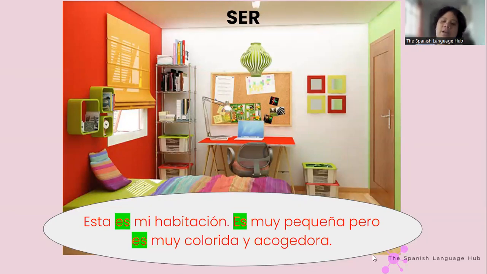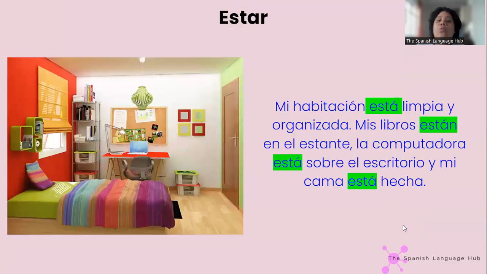And because of that, I'm using ser. Now with estar, I'm just describing or talking about the state of the room at the moment I took the picture or at the moment I'm speaking, right? Mi habitación está limpia y organizada. Mis libros están en el estante, la computadora está sobre el escritorio y mi cama está hecha.